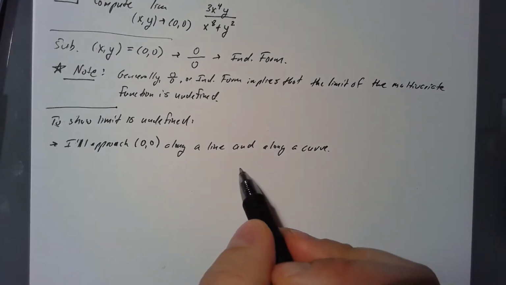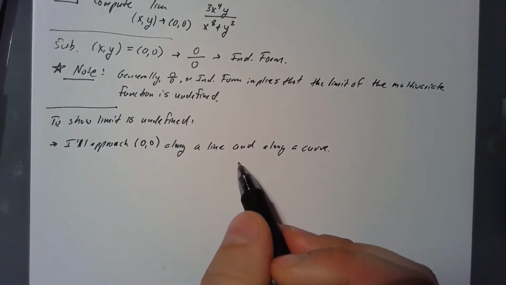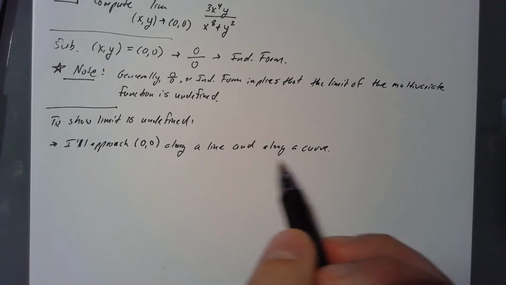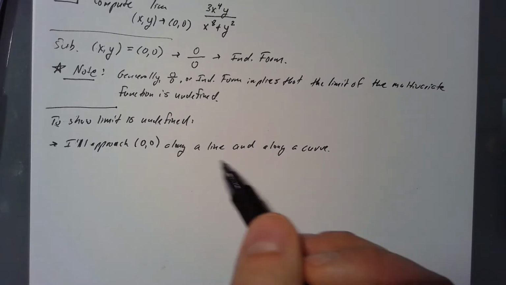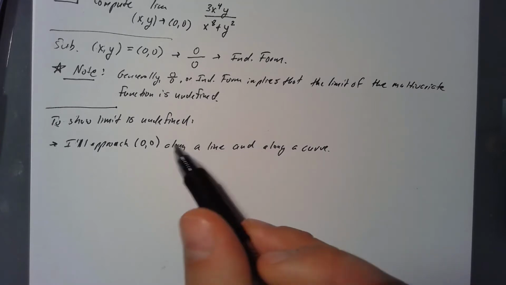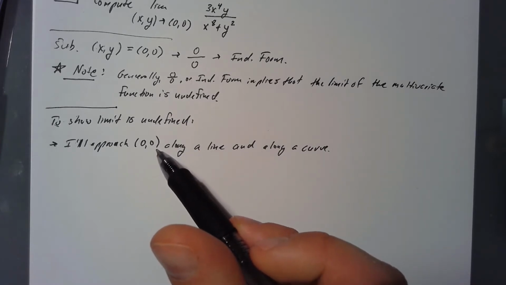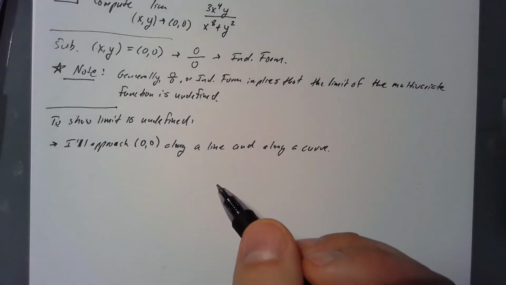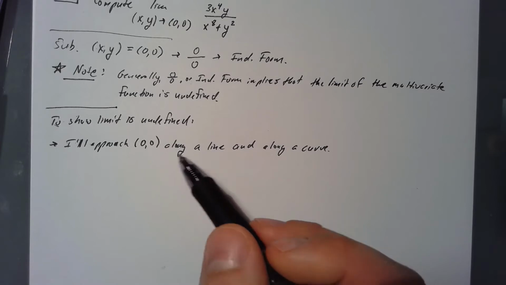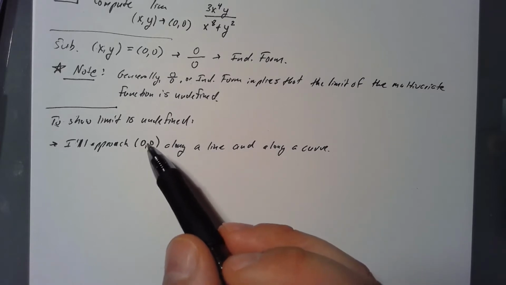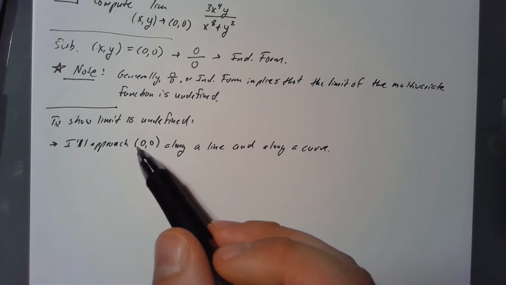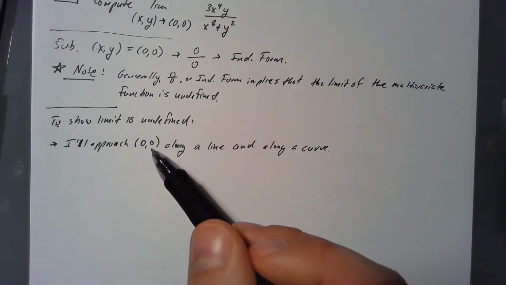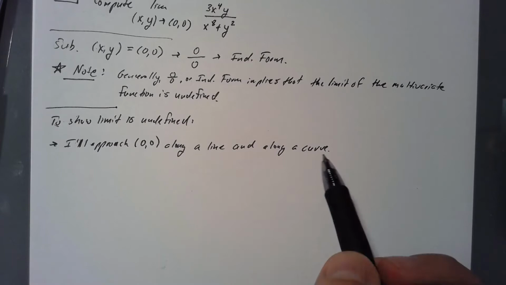It doesn't matter along whatever, like a line, a curve, it doesn't matter, just as long as you approach 0, 0 from x and y. So basically the idea here is you want to hold one of these variables constant. You want to hold one of them at the value that it is, and you want to approach 0 on the other one along a line, a curve, or whatever.